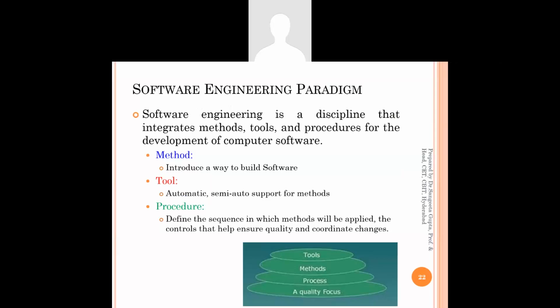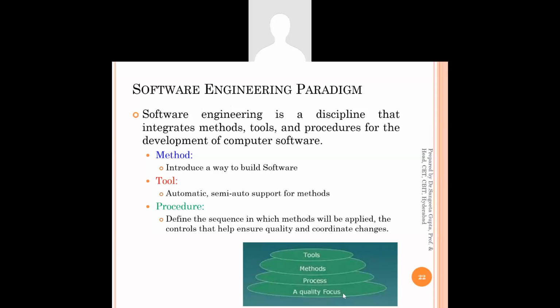So, software engineering is taken as a discipline that integrates methods, tools, and procedures for the development of computer software. Now, what are these methods? As we can see here, the layered representation as required for the software engineering.